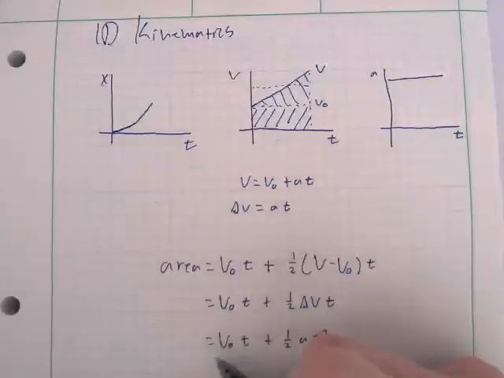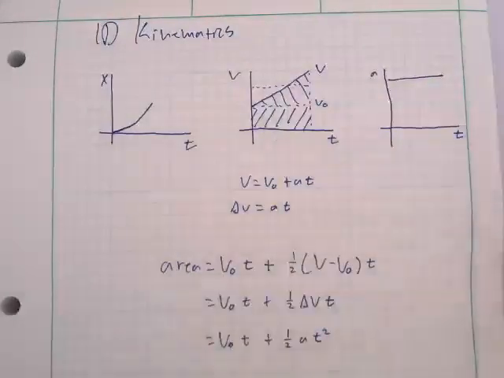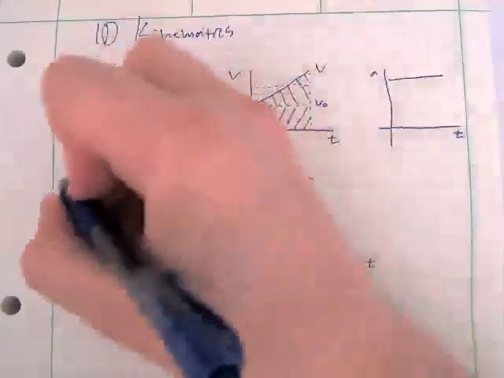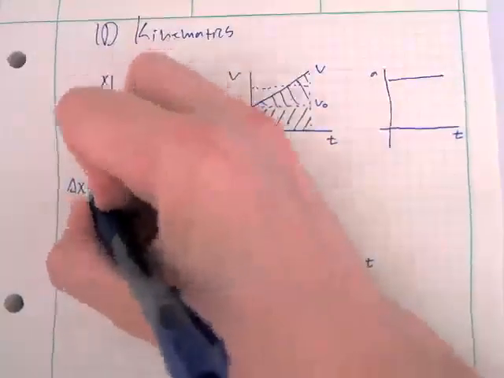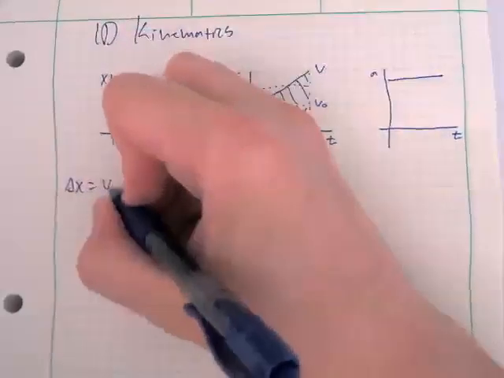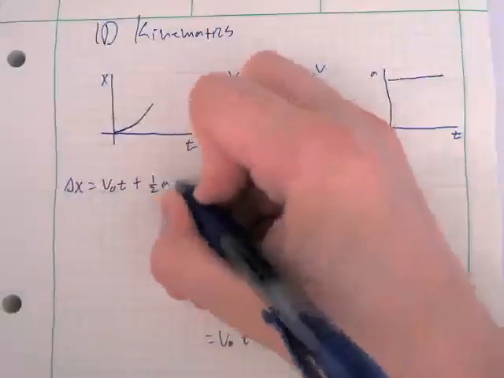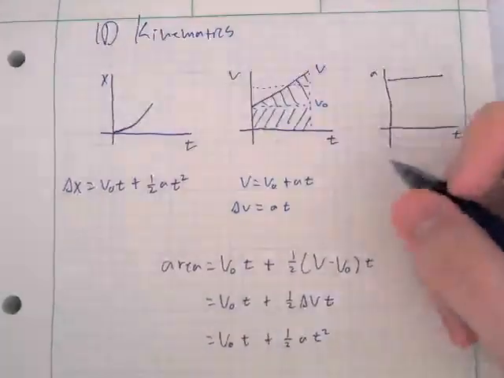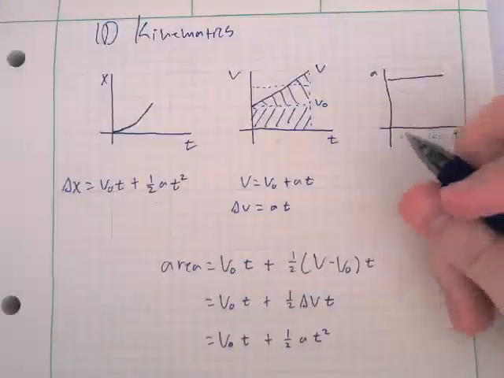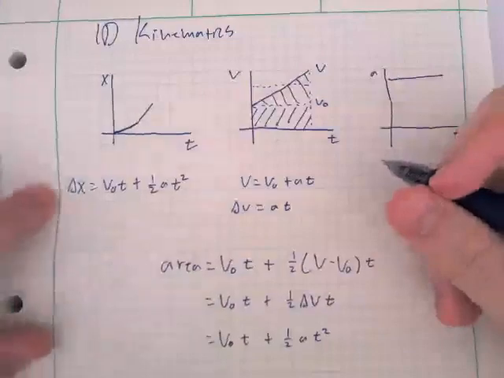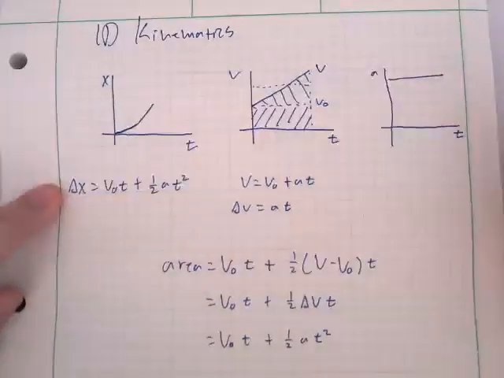And what we end up with is this: V naught T plus 1/2 AT squared for our delta X equation. And so that will do it. So that will be our most complicated formula that we're going to use for position as a function of time.